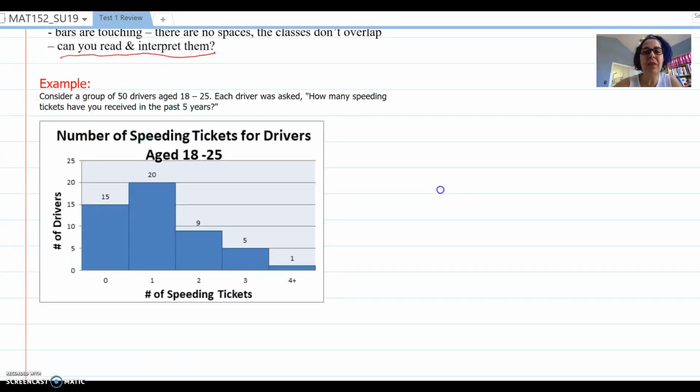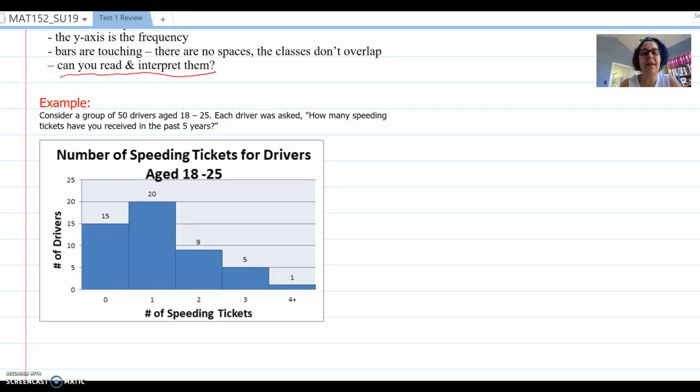For instance, if you look at this question and this example here, this is a histogram answering this question: drivers aged between 18 and 25, and we ask them how many speeding tickets they received in the last 5 years. So the key to reading the histogram: what is represented on the x-axis, what is represented on the y-axis, and what does it refer to, right?